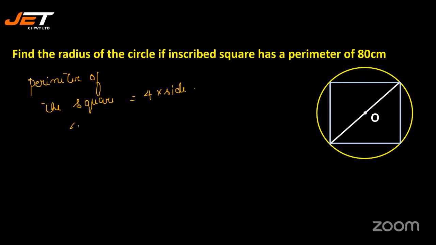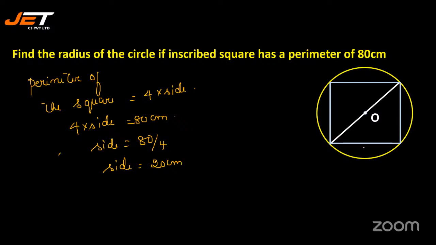Clear? So they say that 4 times the side is equal to 80 centimeter. So what is side? 80 divided by 4. So therefore the side is 20 centimeter.